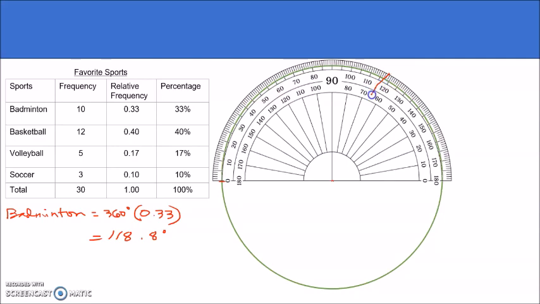Ako naman, hindi ako makakagamit ng ruler. Kaya, ito na lang. Ganito. Okay. Just imagine that's a straight line. And this is the point of reference. Okay? Ayan. So, this is now for badminton. Okay? And what percent is the badminton? That's 33%. Ito. Okay. That's it.